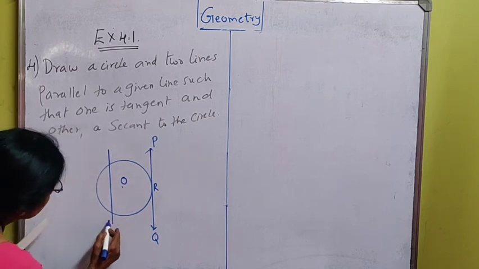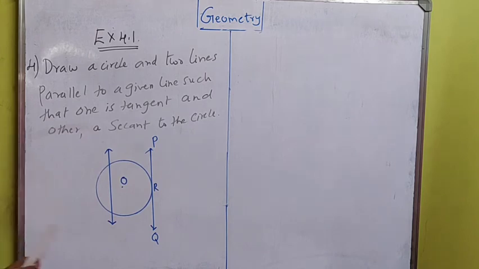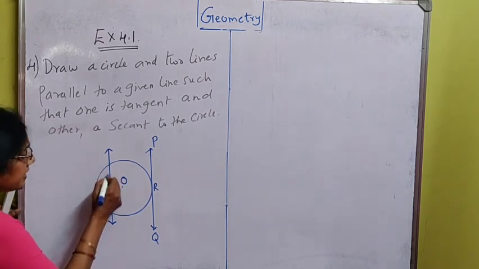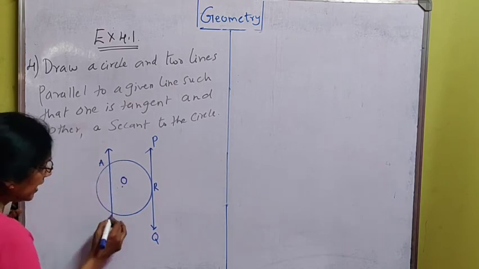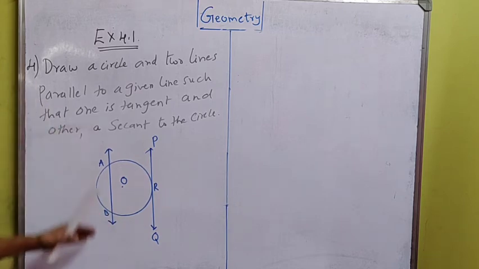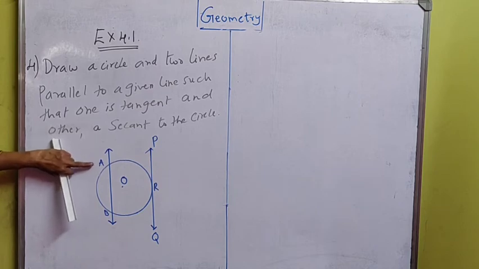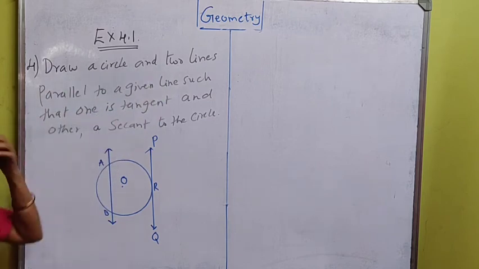This is the secant, touching the circle at two points, point A and point B. So AB is a secant because it touches the circle at two distinct points, and they are parallel to each other. This is what we have to draw.